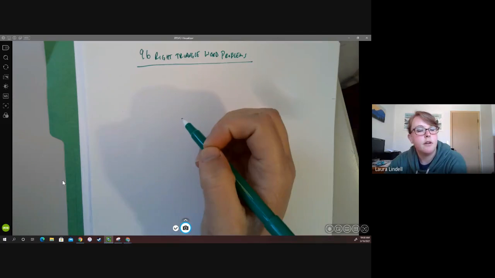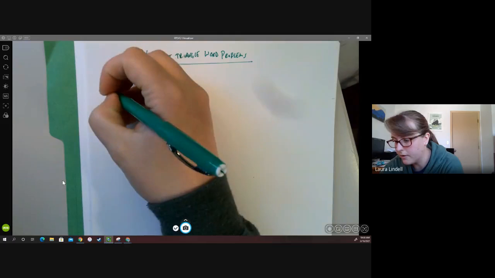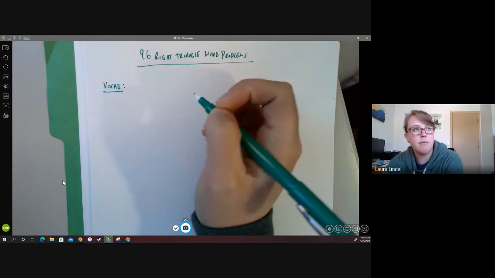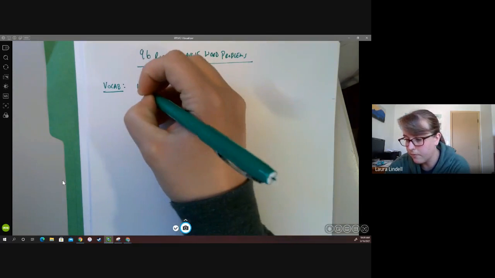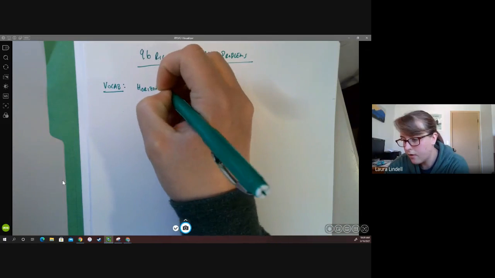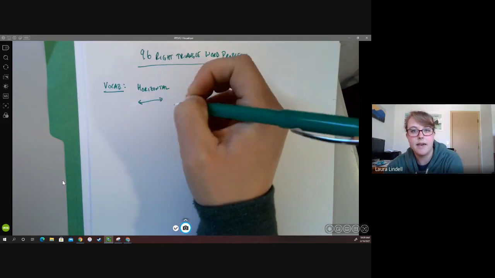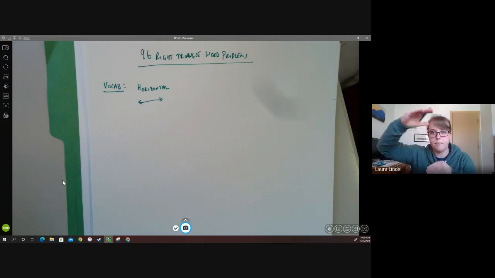Okay, so let's start off with a little bit of vocab reminders. Some of the vocabulary will be new, some of it will be stuff that you've probably heard before, like horizontal and vertical. Horizontal is side to side, like the x-axis direction. So if I'm telling you that something is 20 feet away horizontally, then we know that we're talking about this direction, not this direction.